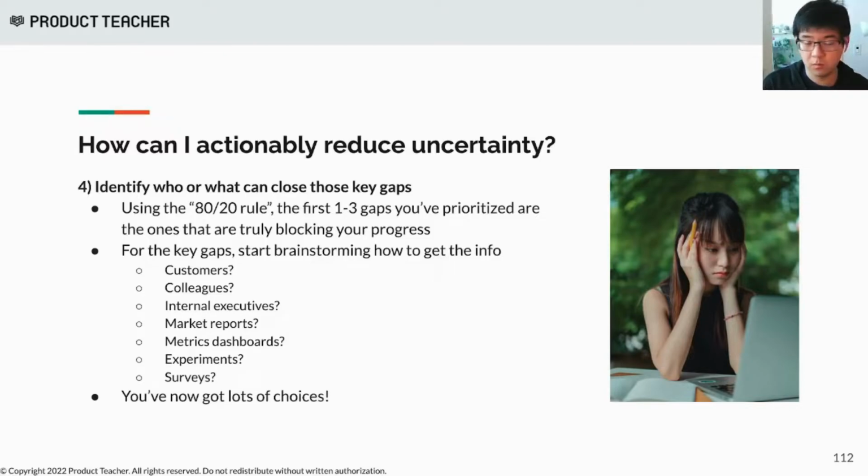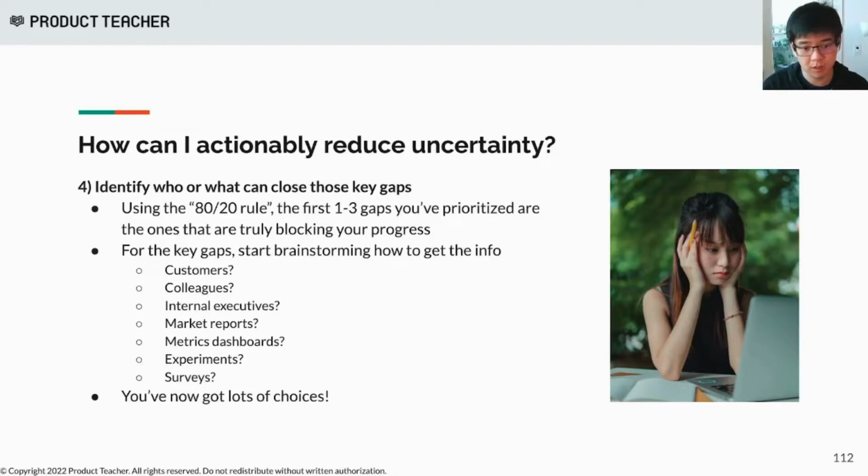So real quick, just in terms of this 80-20 rule that I've listed, what is the 80-20 rule? The 80-20 rule is also known as the Pareto principle, where basically you can get 80% of the positive outcome by investing only 20% of the effort. And then for the last 20% of the progress, you have to invest 80% of the effort.